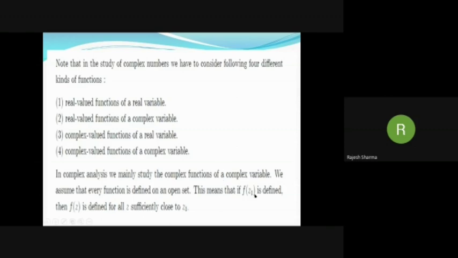This means that if f(z1) is defined, then f(z) is defined for all z sufficiently close to z1. We will discuss this in detail in the next video when we study analytic functions. At present, assume that if f is defined at z1, then there is a disk about z1 in which f(z) is defined, or just assume that f(z) is defined in the whole plane.